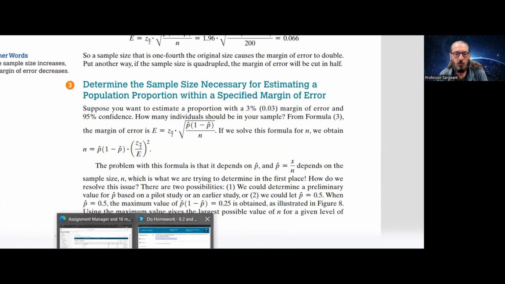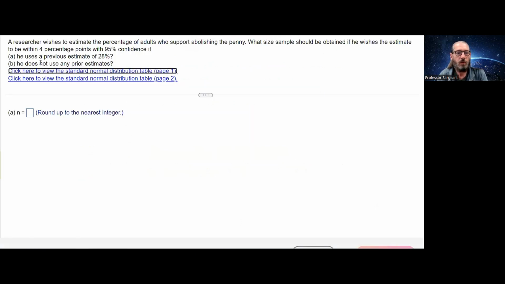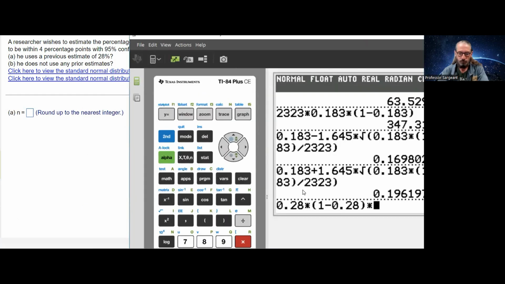So the margin of error was supposed to be within 4 percentage points. Okay, so this was already in terms of a percentage. Wait a minute. Let's try 0.04.